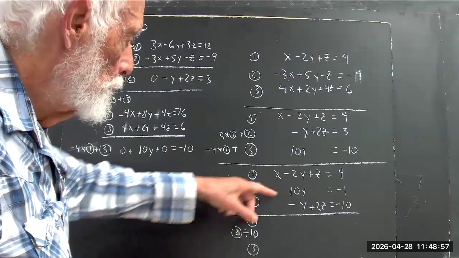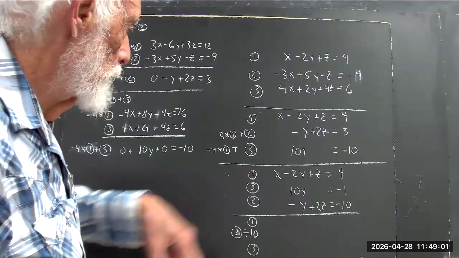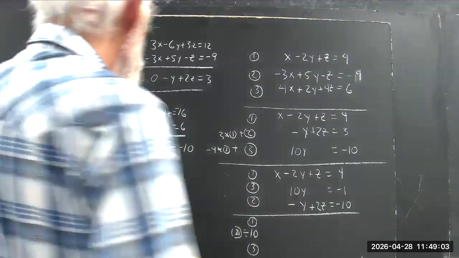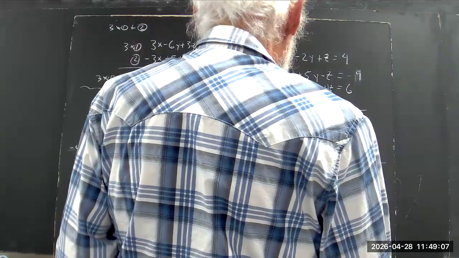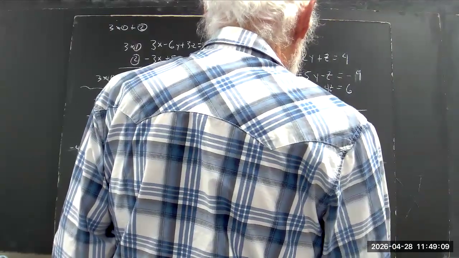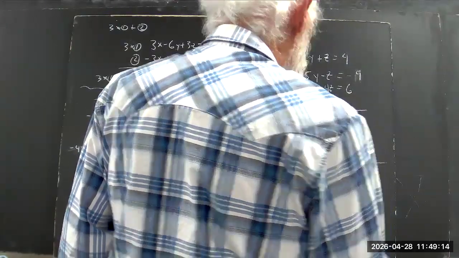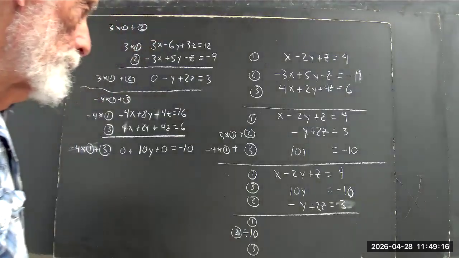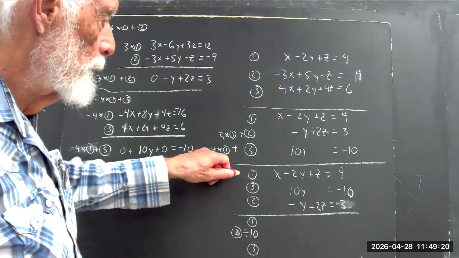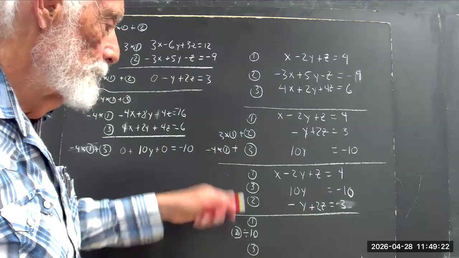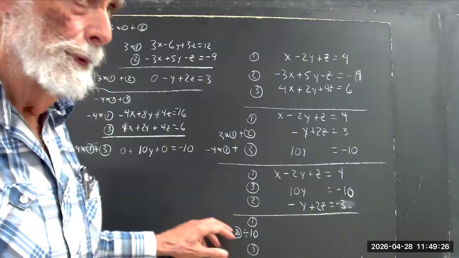So we take equation 2 from before, 10y equals negative 10, and it's negative y plus 2z equals 3. I didn't write that down correctly. Okay. So go ahead and write out this step, and then write out what you would get in this step.